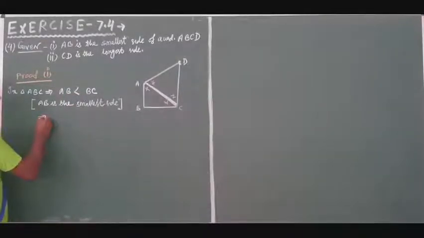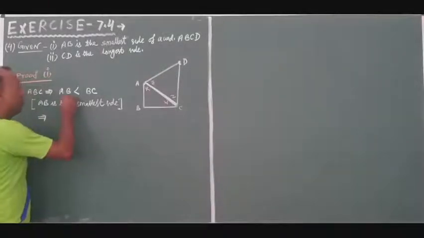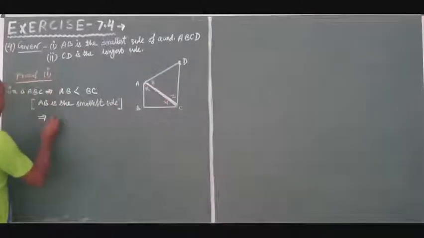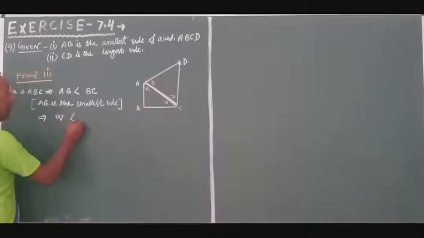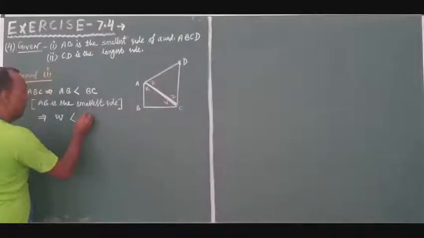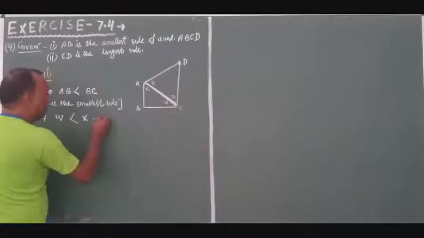The angle opposite to the smaller side will be smaller. What is the angle opposite to AB? That is W. Angle W will be less than, what is opposite to BC? X. W will be less than X. This is equation number 1.